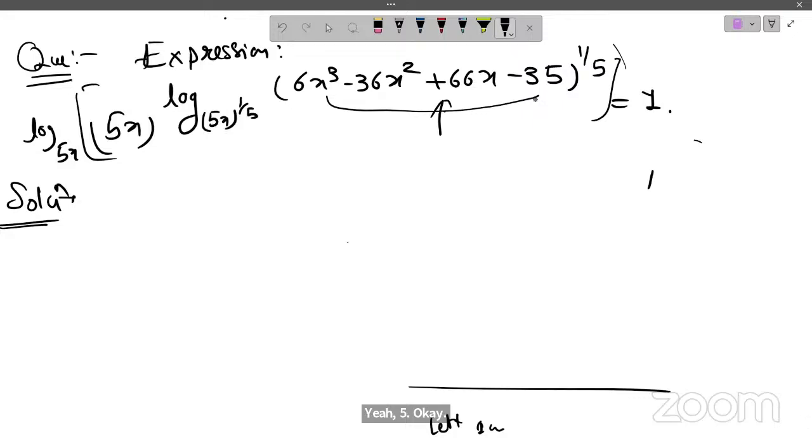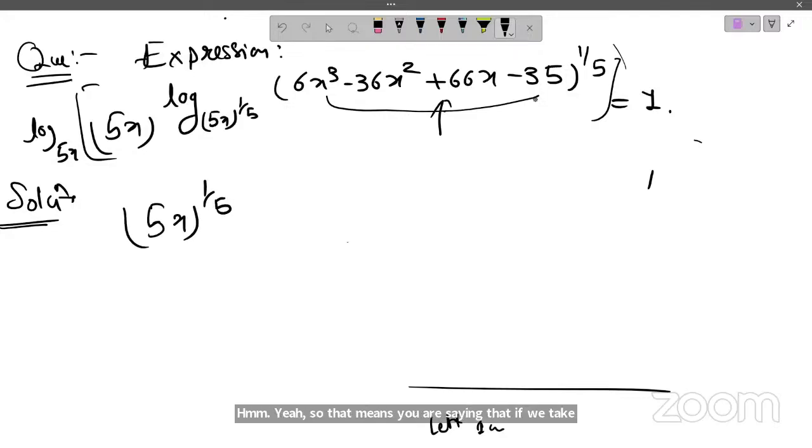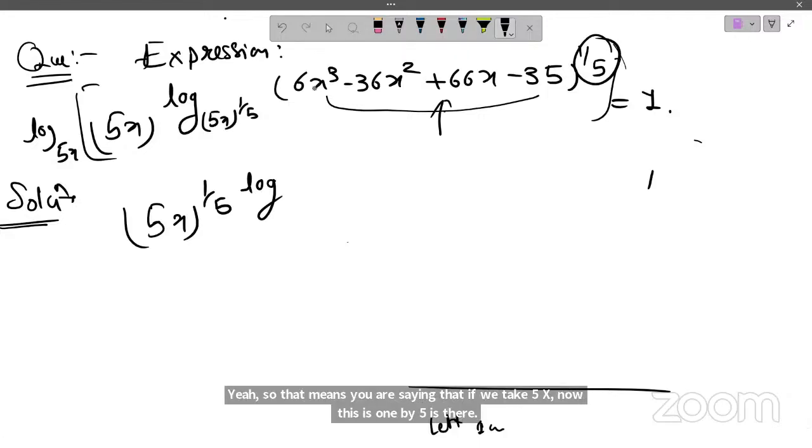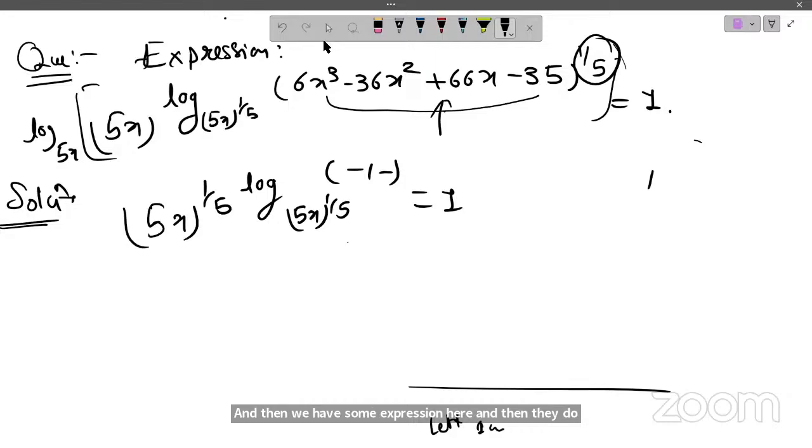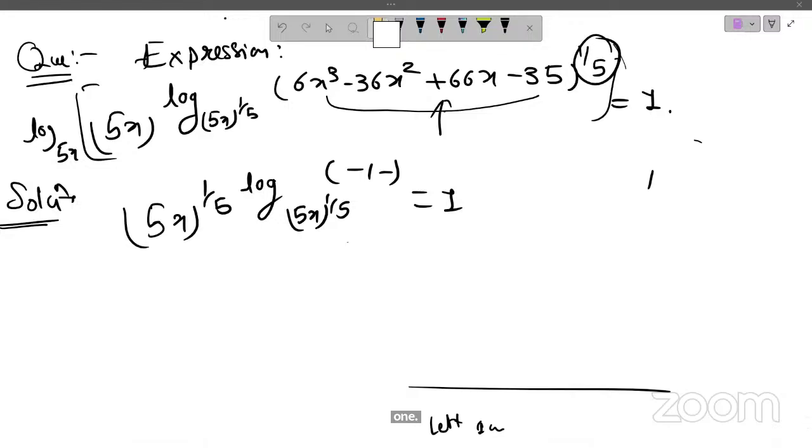So you are saying that if we take 5x, now this 1 by 5 is there. Log base, this 1 by 5 we are taking outside, so it will become log of 5x to the power 1 by 5, and then we have some expression here, then this is equal to 1. And also the exponent of the base 5x to the power 1 by 5, that 1 by 5 also comes out to be 5x.